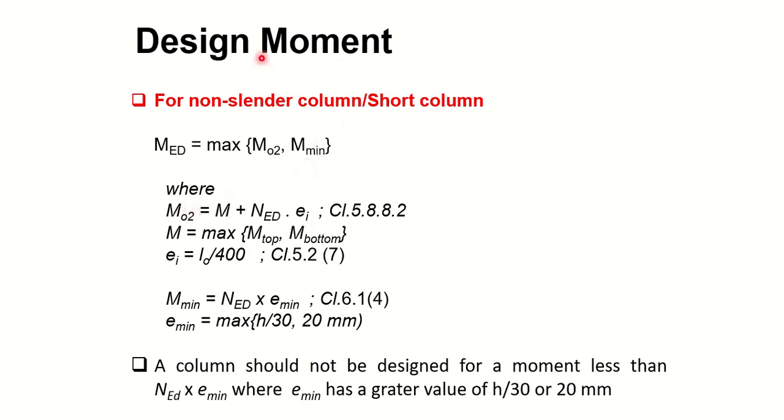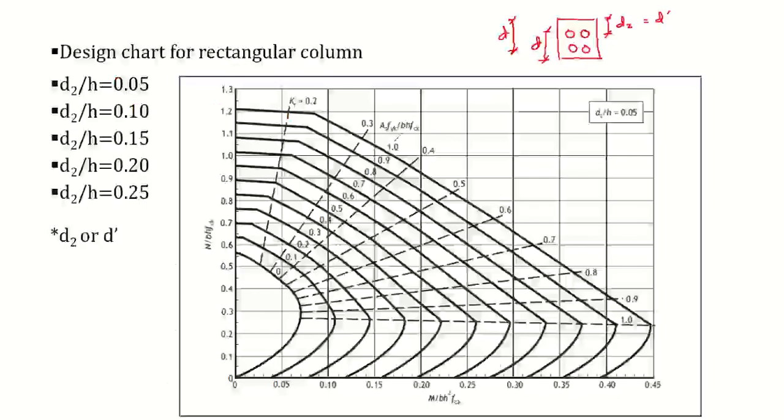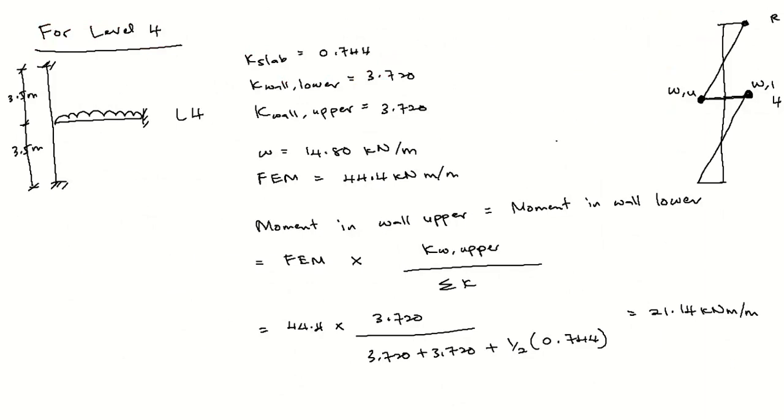Okay, so in order for us to calculate the MED later on, the value of M02 will be 24.11. Okay, we will repeat also the same step here. We will need to calculate the design moment. Alright, so let's go for the design moment.